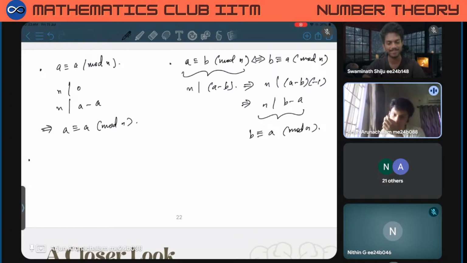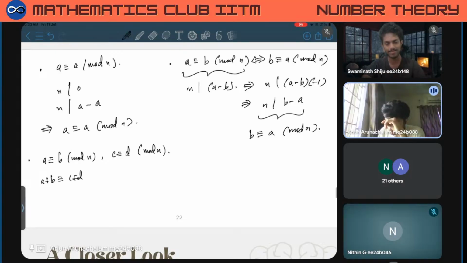Yeah, the next property is if A is congruent to B mod n and C is congruent to D mod n, then A plus C is congruent to B plus D mod n, right?